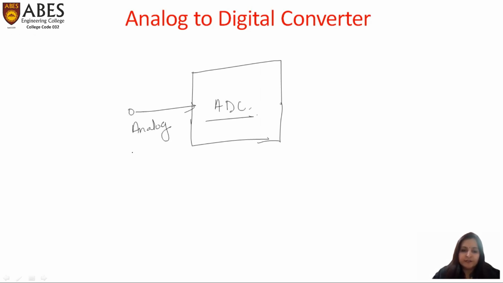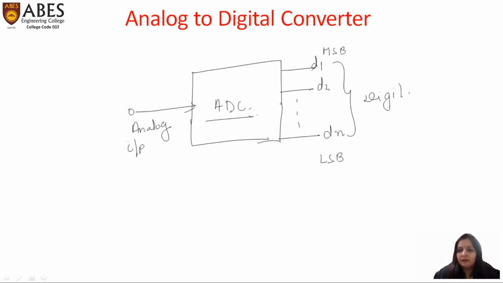Analog means which is continuous in time and amplitude. And this input is further converted into digital domain, going from MSB at the top and LSB here. This is the digital output, and definitely there is some logic in the circuit which is going to help us in converting an analog data into digital.